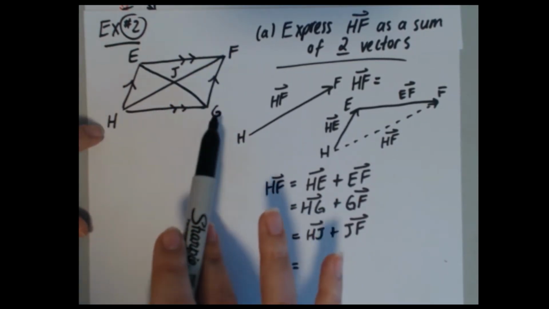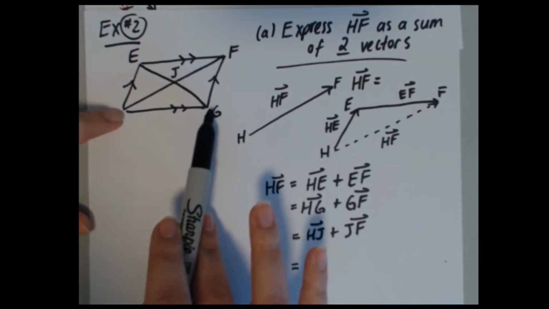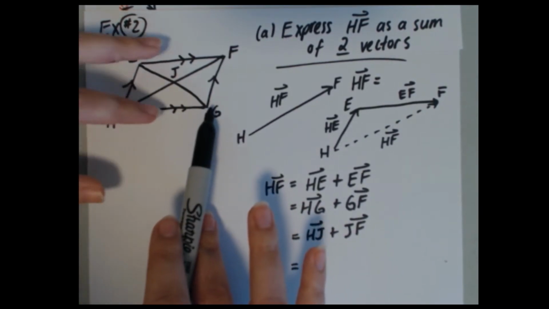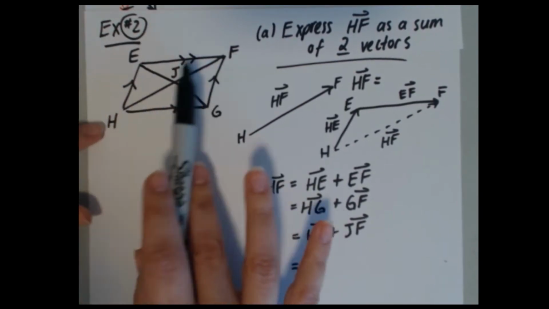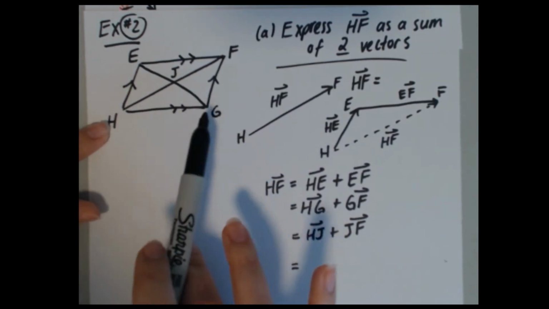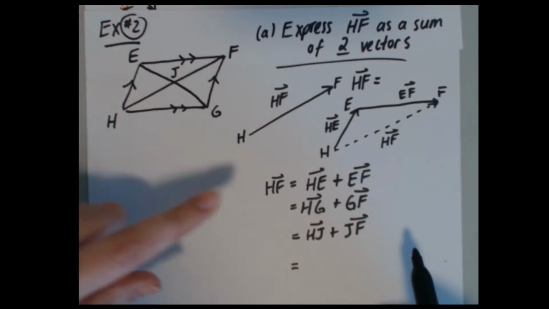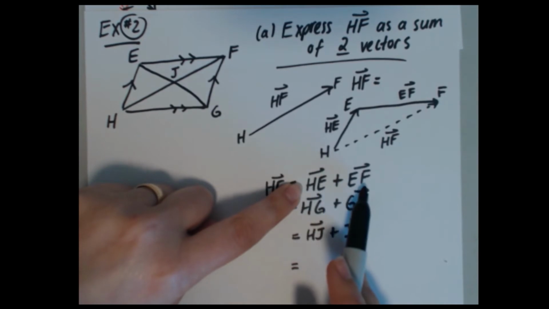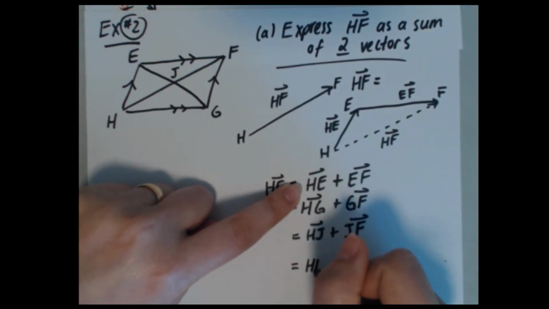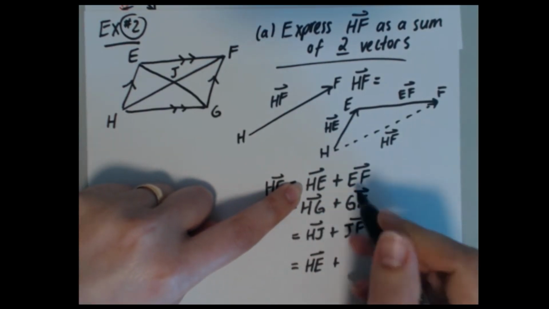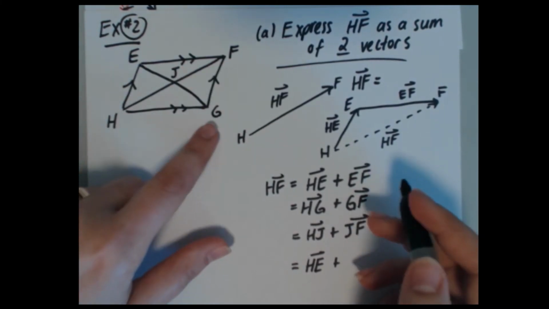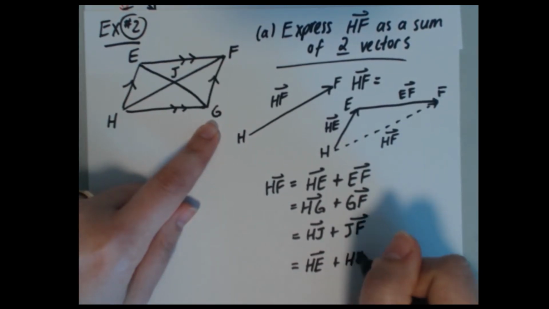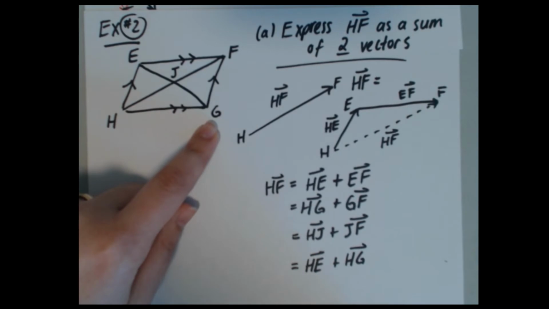HG has the same length and it's also going in the same direction. These two are parallel, right? So EF is equivalent to HG. So I can take that first expression, HE plus EF, and change it to HE plus HG. That's another possible answer.